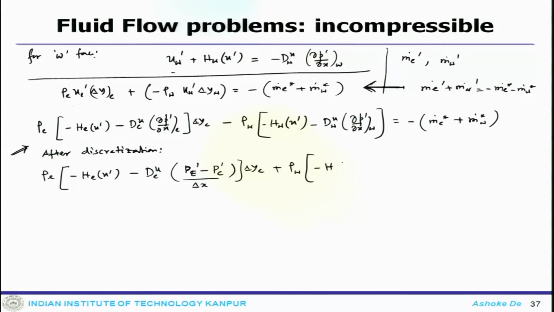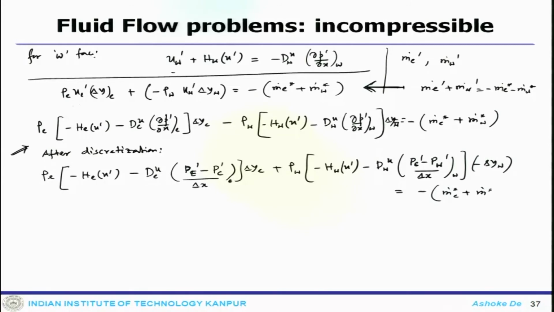This could be written as h w u prime minus d w u times p c prime minus p w prime by delta x at west, this is at east. So, here there is a multiplication of delta y w, equals minus m dot star e plus m dot star w.